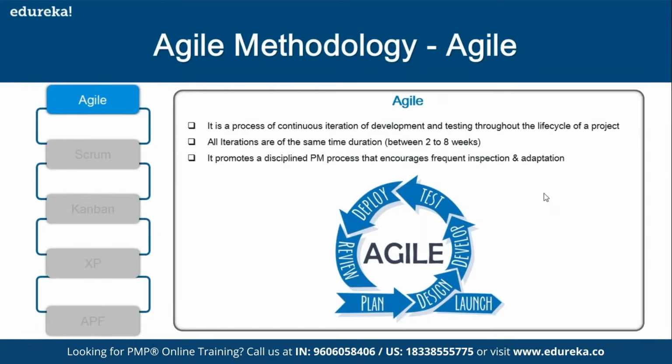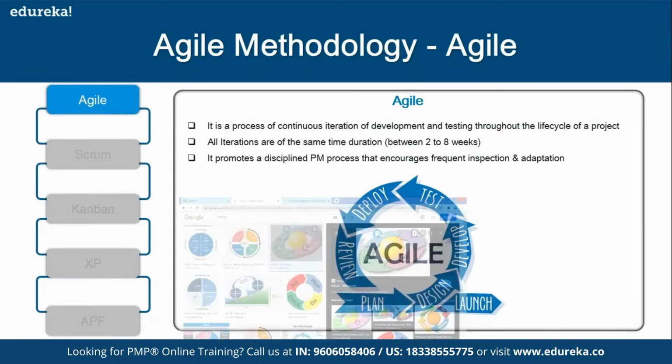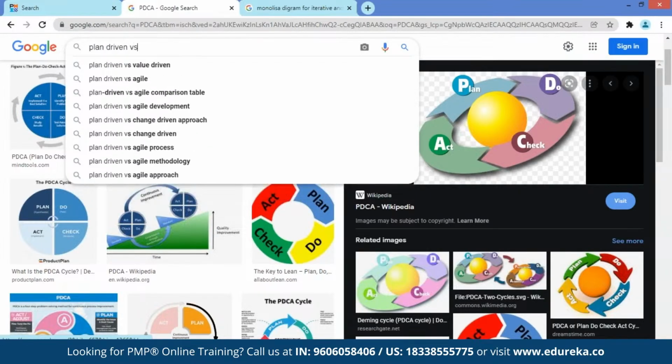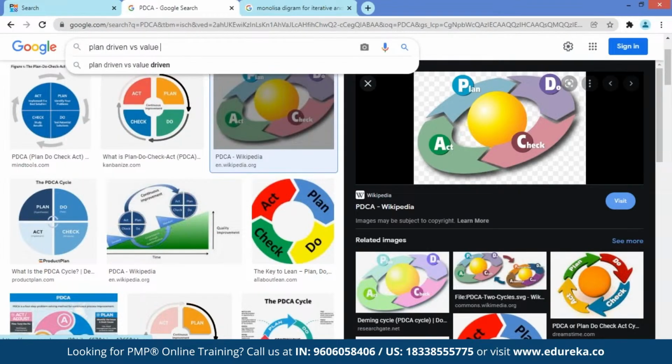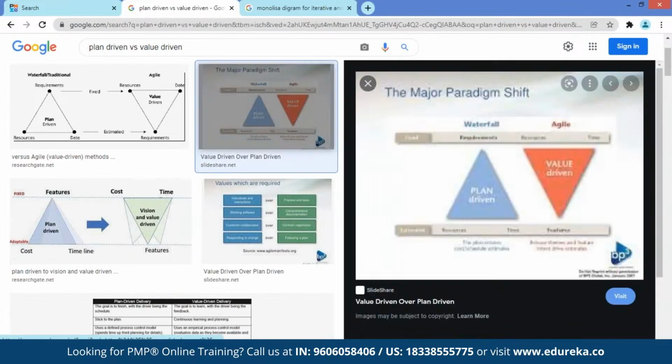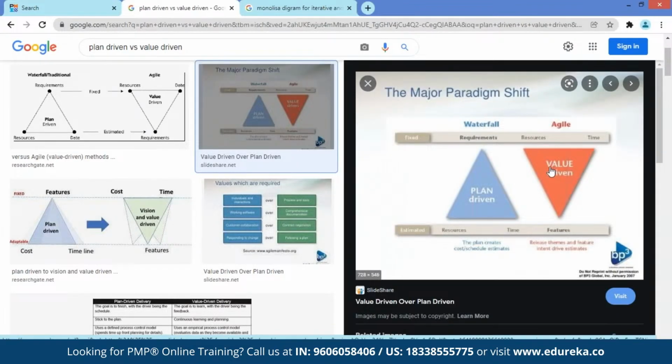Okay, just to give you the comparison or the landing page, plan driven versus value driven. This is a very famous slide, which primarily talks about the major paradigm shift. Your requirements are fixed, right?